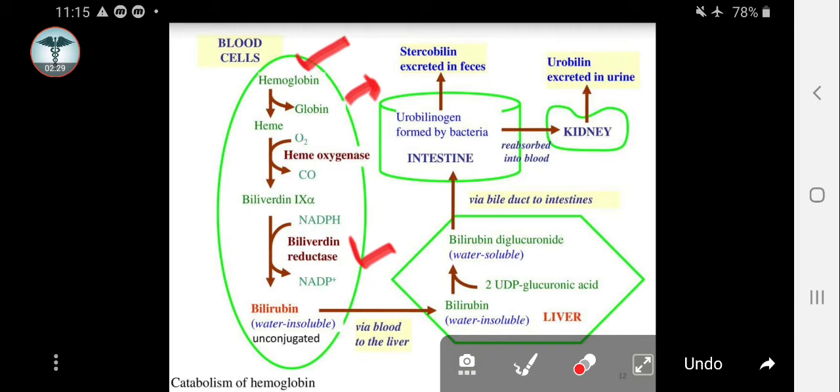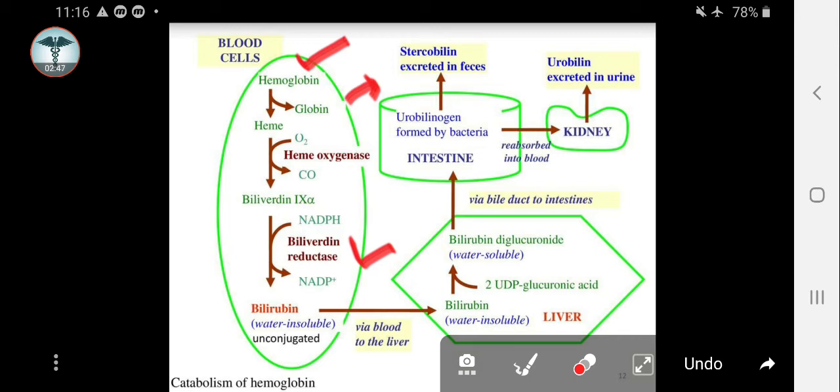Now due to this albumin, they become water soluble and are transported to the hepatocytes. Moreover, the function of binding to albumin is that it prevents it from entering the tissue.